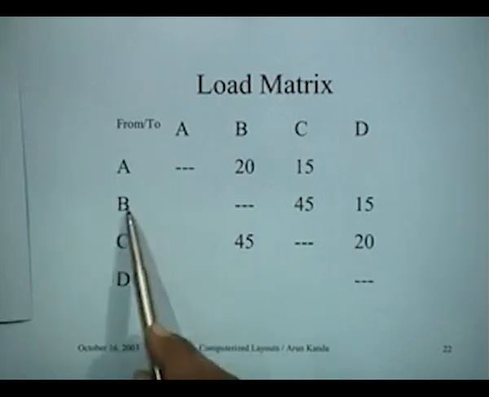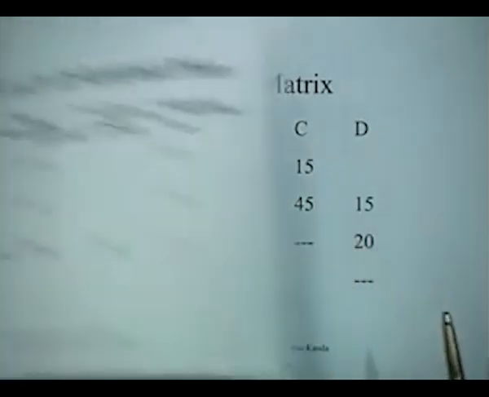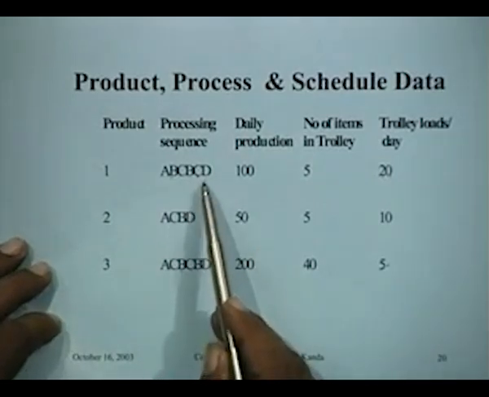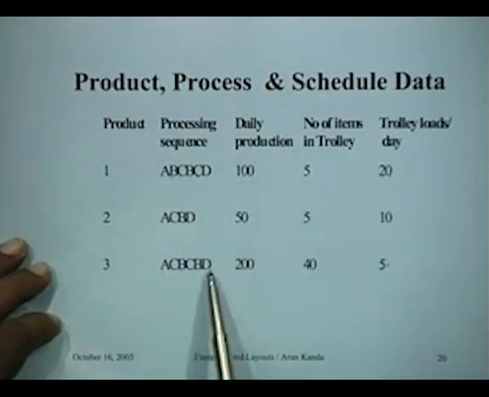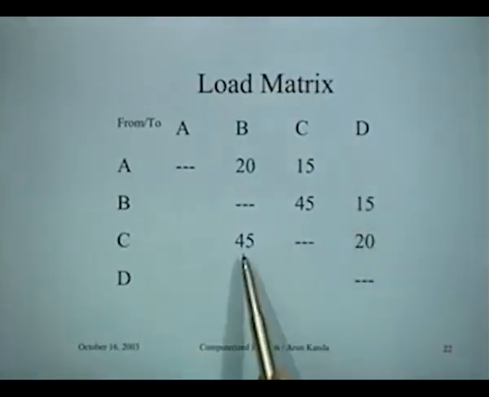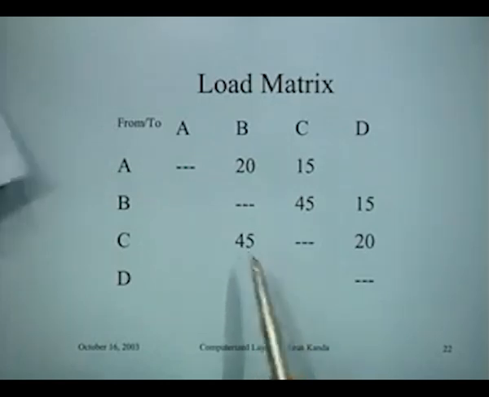Okay, and from B to D, let's look at B to D. There's no movement from B to D here. There is B to D here, and there is B to D here. The total movement is 15 trolley loads. So this is 15.